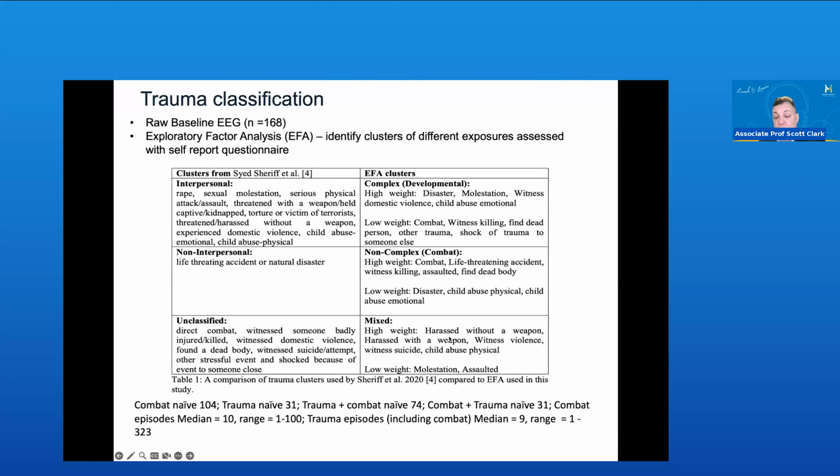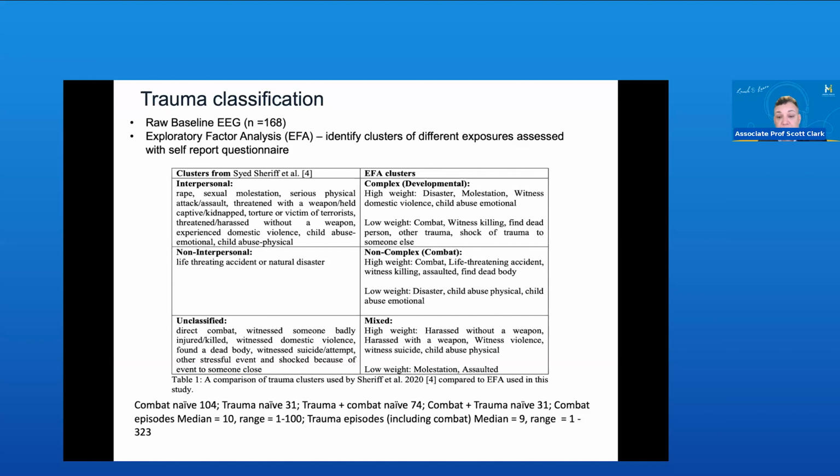But this group was fundamentally different in the way it clustered. When you compare these to the standard clustering of trauma, we feel that we have more representative clusters, which would be easy to use for our EEG study.